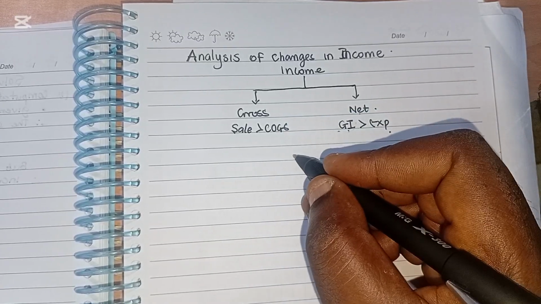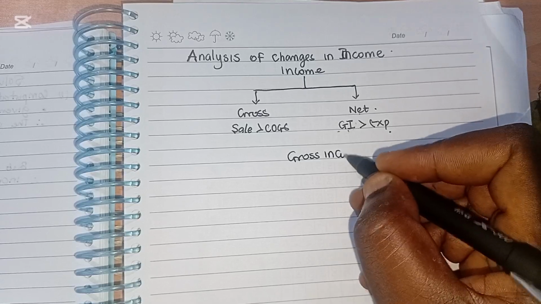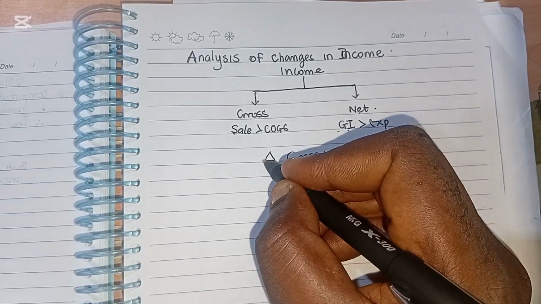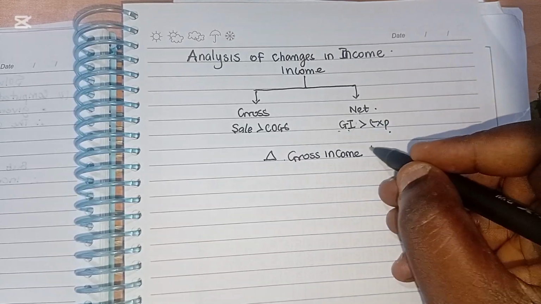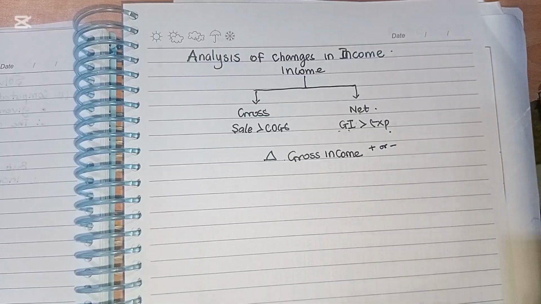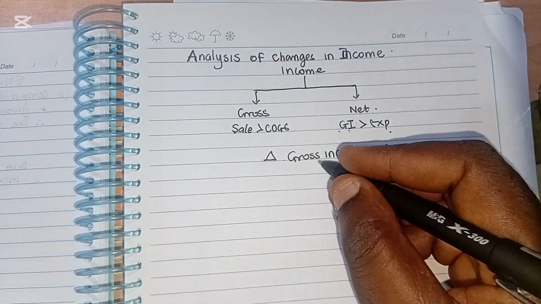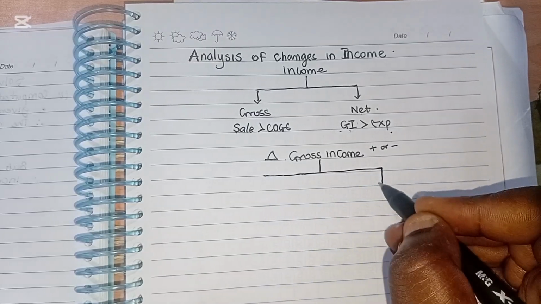So let's do the analysis of the gross income. We are trying to look at the change in gross income, that is, an increase or decrease in gross income. What brings about an increase or decrease in gross income? There are two factors that can affect this.